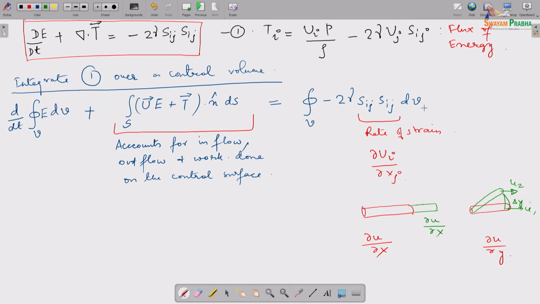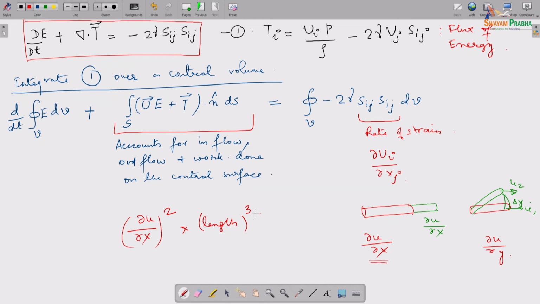Or, for example, with del u del x, just to give you a feel for how this could look, say S_ij is just this. Then I will have del u del x, which I will square up. Del v is three lengths, del x, del y, del z, say some characteristic length cubed. So this could be del u del x into del u del y.